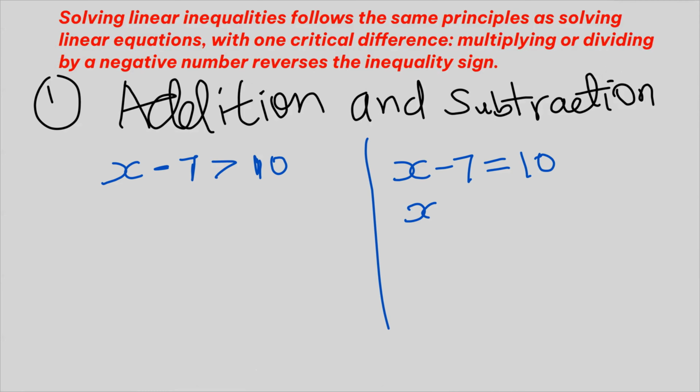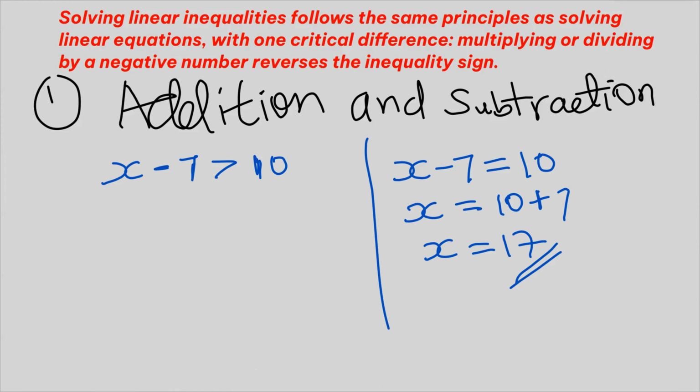And we'll have x equals, we take negative 7 to the other side, it becomes positive. So we'll add 10 plus 7, and we'll have that x equals 17. So that's a scenario of addition.